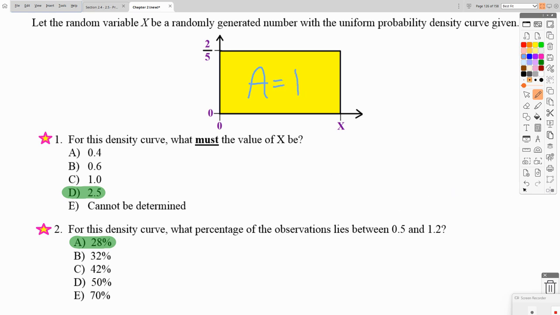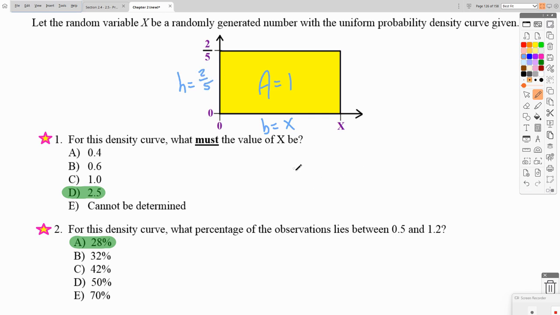So for problem number 1, for this density curve, what must the value of x be? And x is really the length of the base of that rectangle. So keeping in mind that the area has to be 1 for this rectangle, and the base is equal to x, and the height is equal to 2/5, or you could write it as 0.4 if you wanted to.